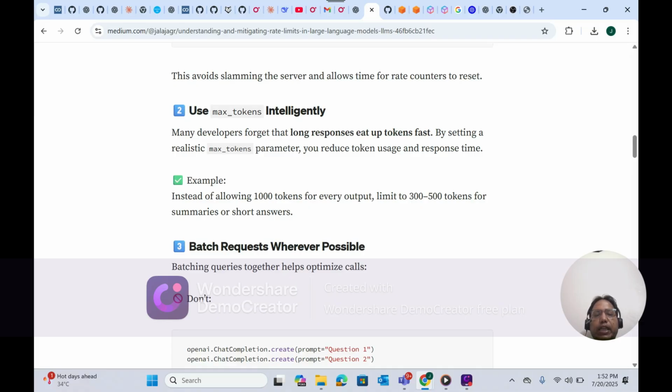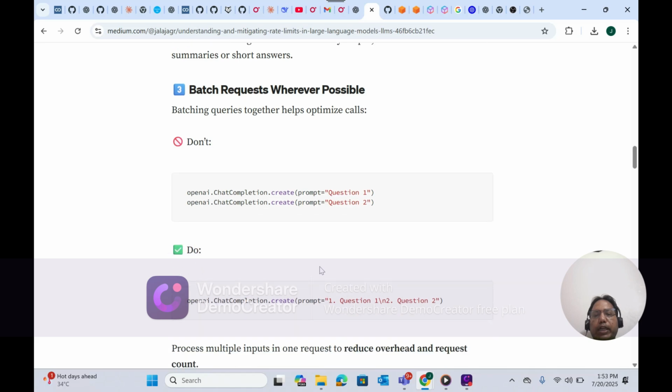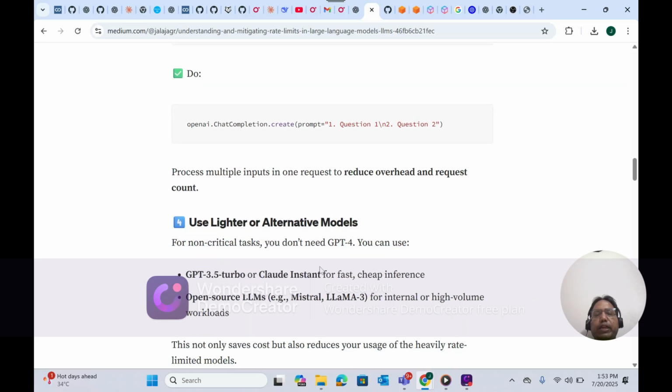Third, if we are getting a requests-per-minute or requests-per-day error, but we are not getting a tokens error, then we can use this third strategy. We can combine multiple requests and process them together, so we can prevent the requests-per-minute or requests-per-day rate limit this way. Fourth, if we are getting lots of requests and we know the limit will be hit, we can use alternate models.